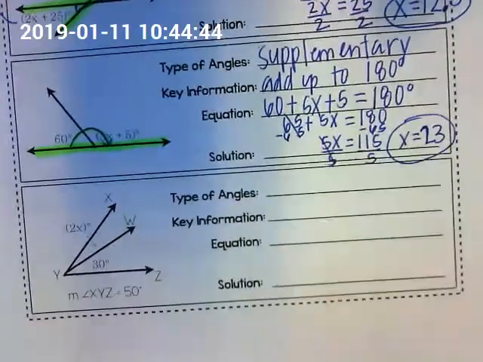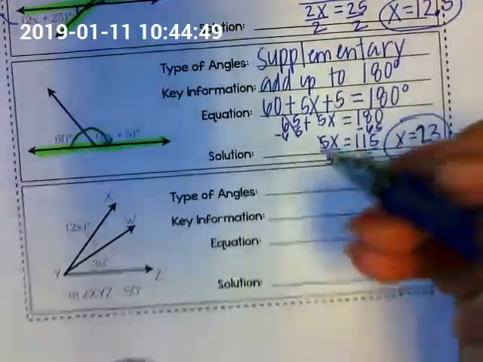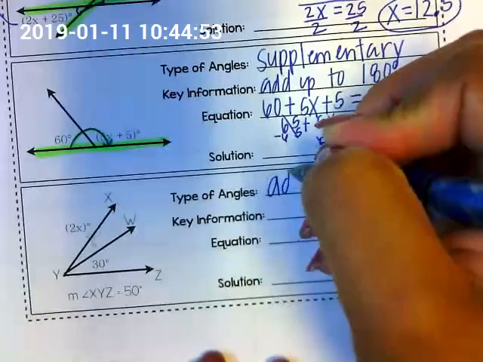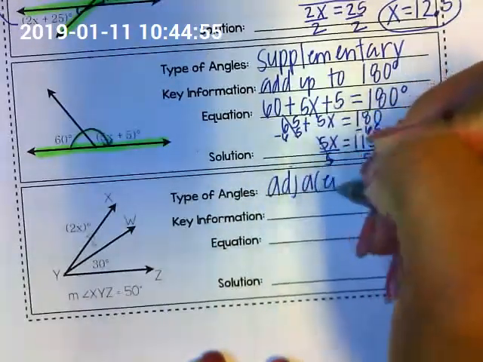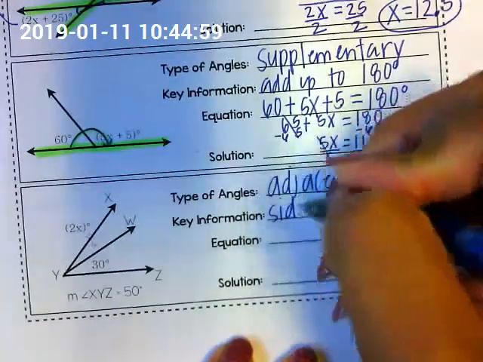And then our last example, we're looking at what type of angle? Adjacent. These are angles that are adjacent, and adjacent means that they are side by side.